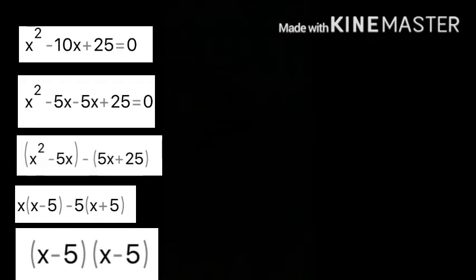Now we proceed to the zero product property. x minus 5 equals 0 and x minus 5 equals 0. The next thing we will do is add the additive inverses, and that is positive 5. So when you add positive 5 on both sides, the negative 5 will get cancelled and the x is isolated. So what we have now is x equals 5.